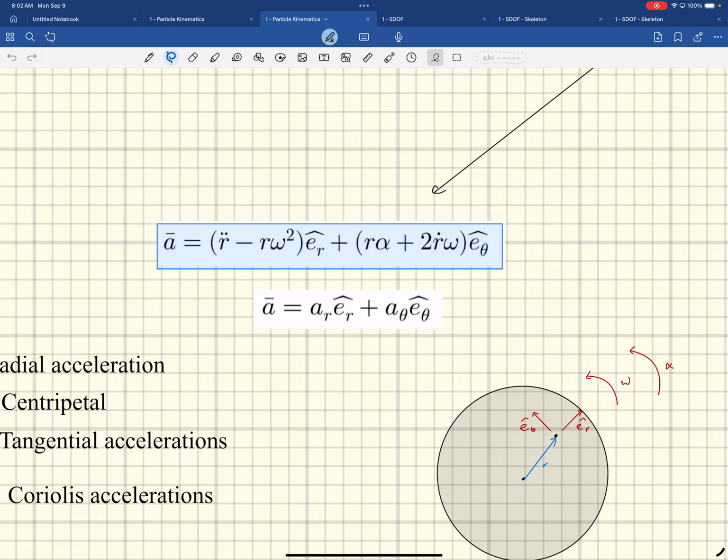And so we talked about where all those came from, and made analogies to the merry-go-round.